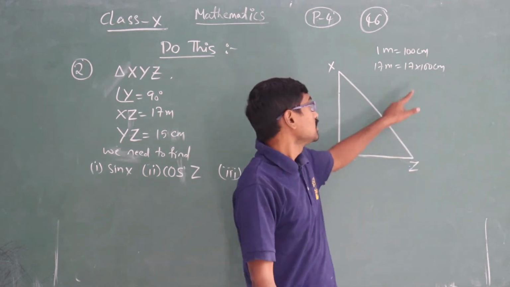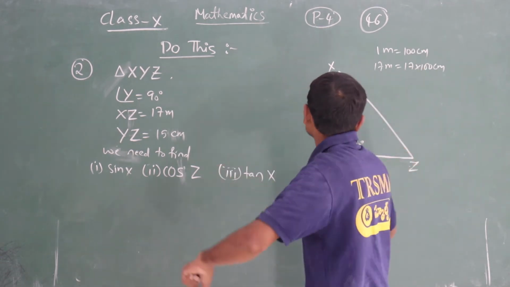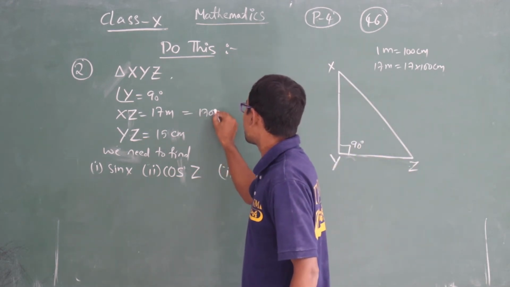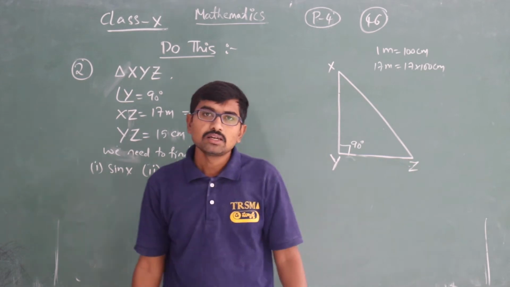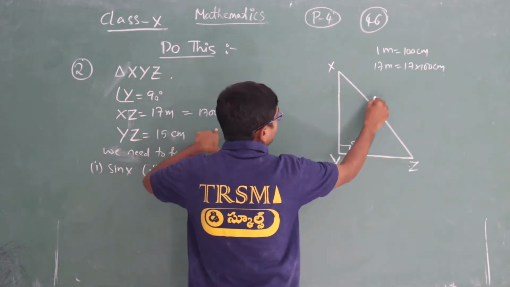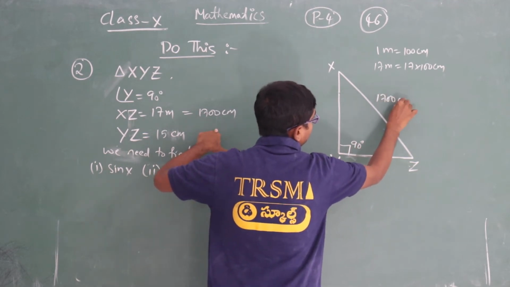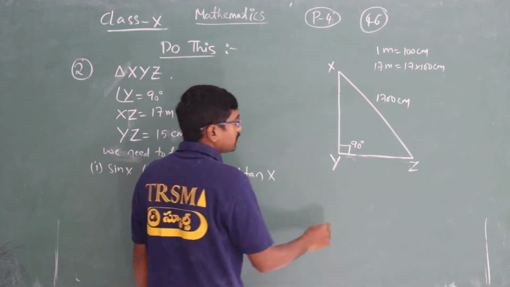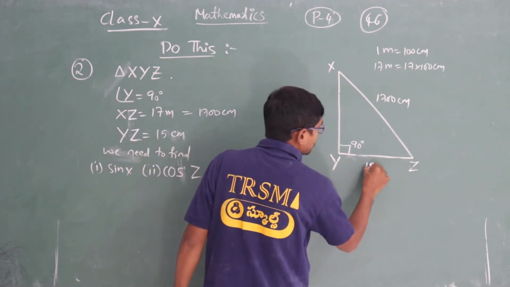So it becomes 1700. The XZ value is 1700 centimeters. Similarly, the YZ value is 15 centimeters.